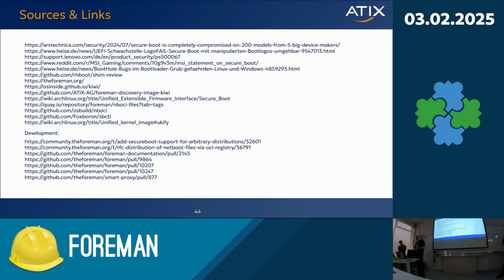It would be a possible solution if it were that straightforward. At Atix, we also focus on Debian and Ubuntu. It's no solution for Debian and Ubuntu, because I cannot rely on the repository where I download my files having one shim package that I can download and extract.